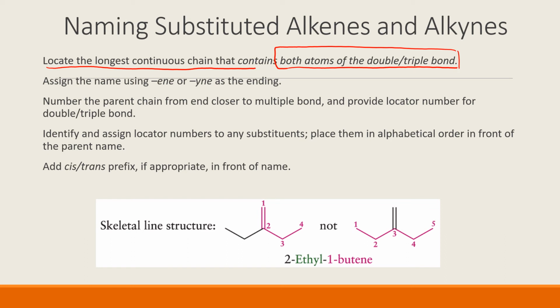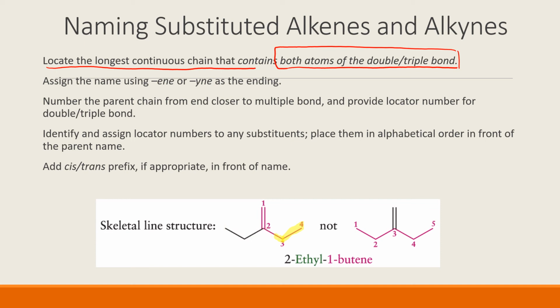the molecular structure shown here in this picture, although the longest chain is the horizontal chain, if we count this way, the double bond is not present on the longest chain, so therefore this is incorrect.